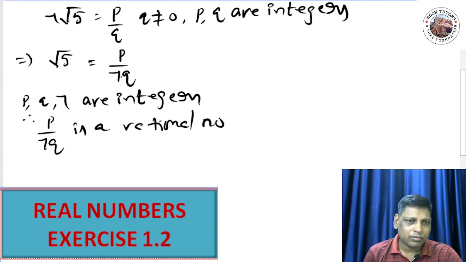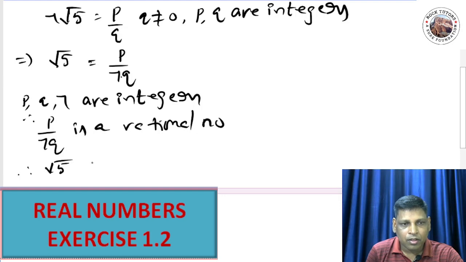So therefore root 5 is also a rational number.